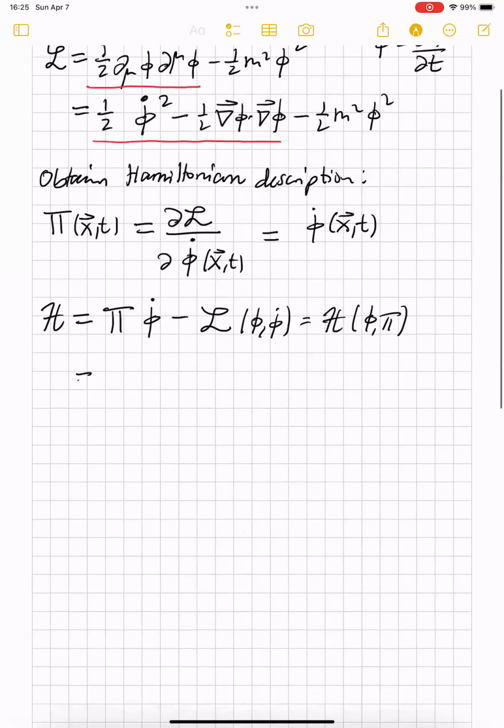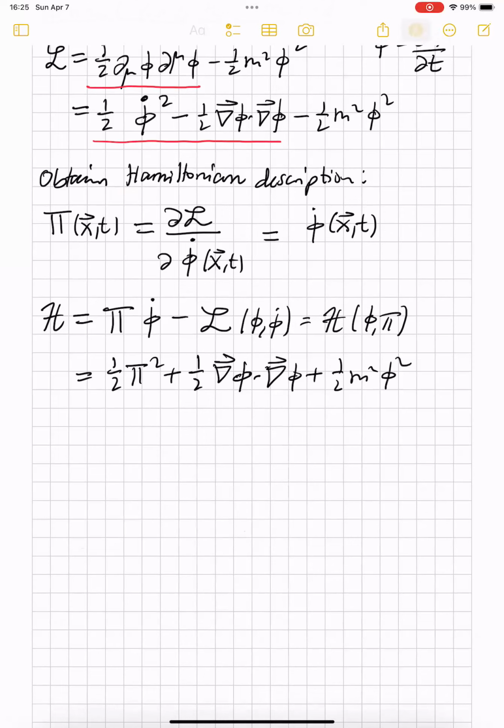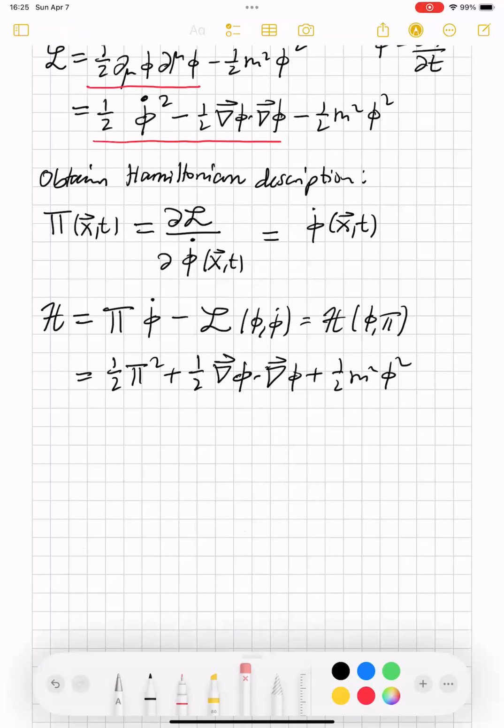And if we work out what is pi phi dot minus L, we've done this, so I'm not going to do it again. This is 1/2 pi squared plus 1/2 the gradient of phi dotted into the gradient of phi plus 1/2 m squared phi squared. Okay, once you've got the Hamiltonian density, you can easily write down the Hamiltonian. The Hamiltonian is nothing but the integral d3x of the Hamiltonian density. Good.